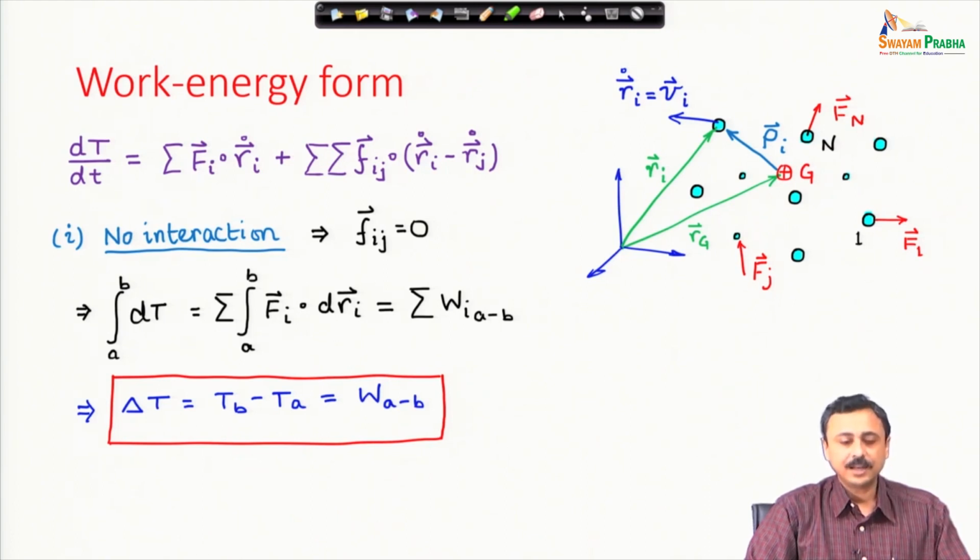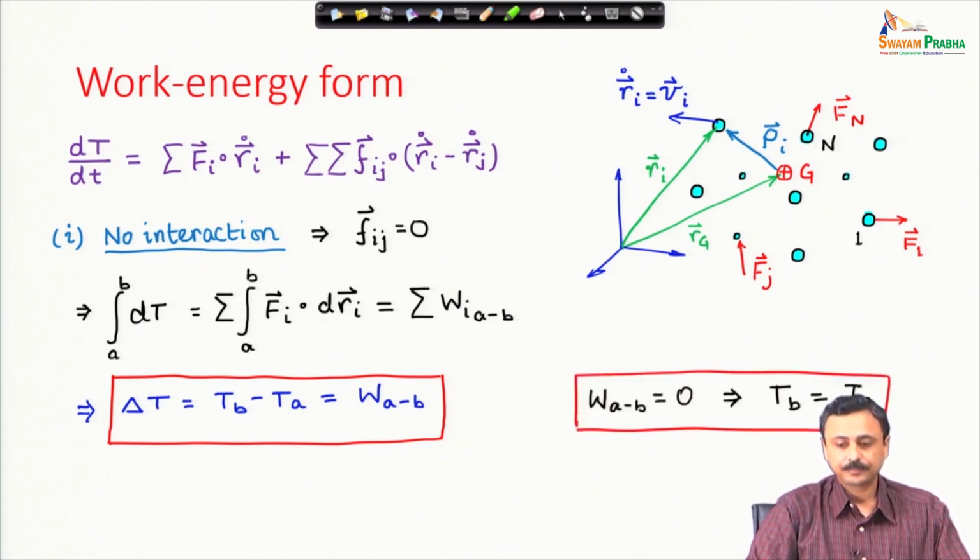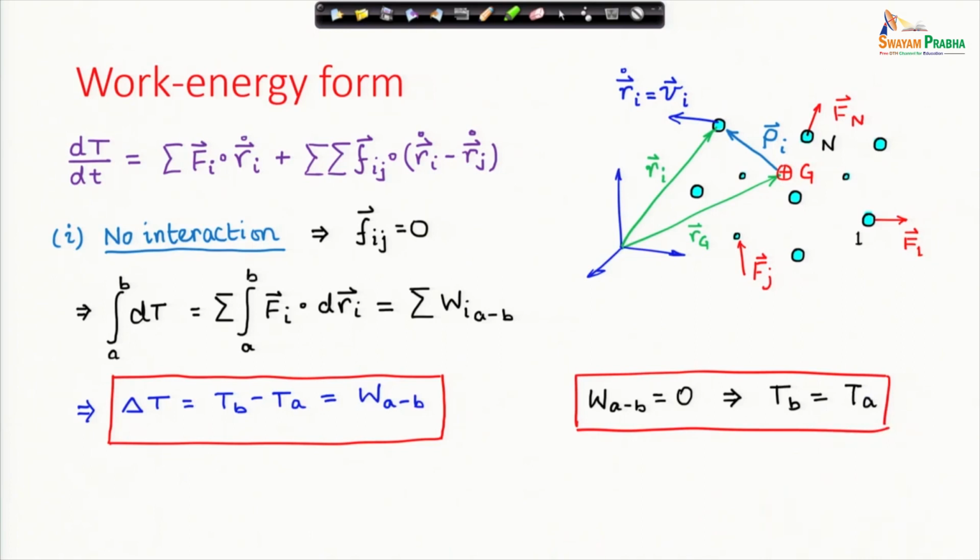And this relation tells us that the change of kinetic energy of the system as it moves from state A to state B is equal to the work done by all the external forces on the system. If the work done by all external forces is 0, then kinetic energy is conserved. So, kinetic energy in state B, the final state, is equal to the kinetic energy in state A, which is the initial state.